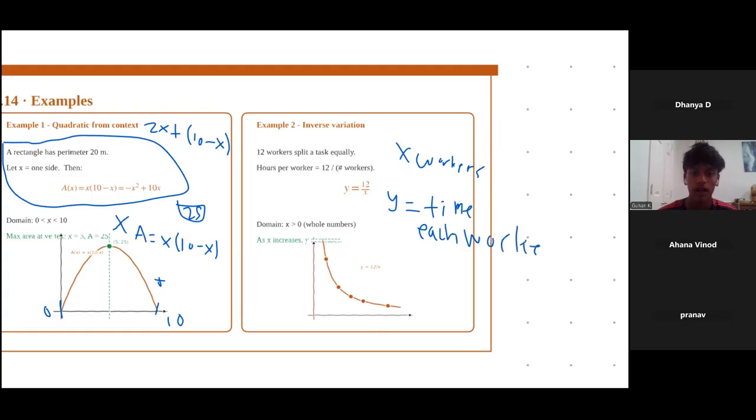And therefore, y equals 12 over x. And that's going to be how we model our graph here. And this will give us the time each worker spends, which is the y-axis. I'm just going to write time, and then number of workers. So for the number of workers, this graph will show us the time it gets.